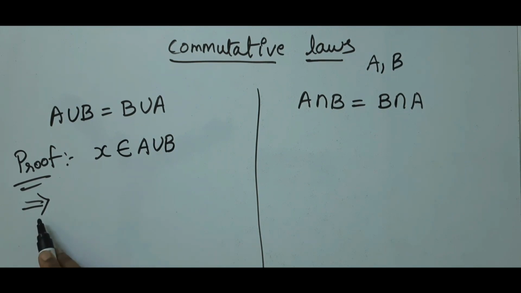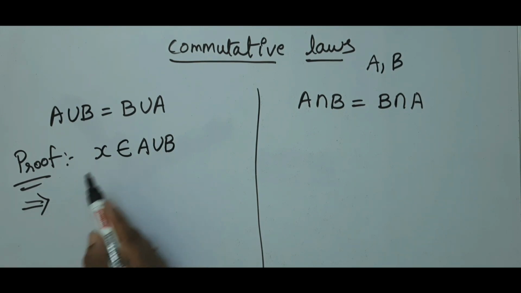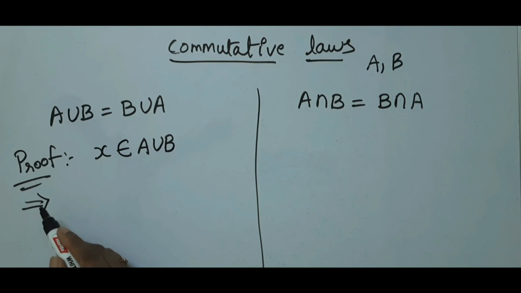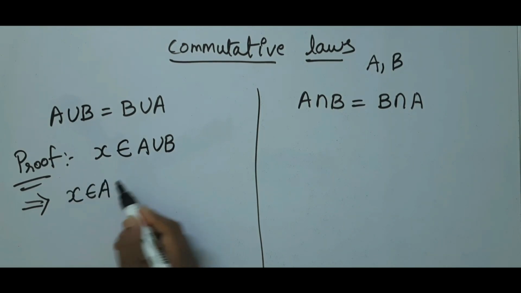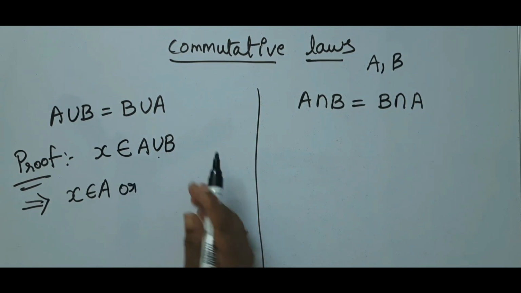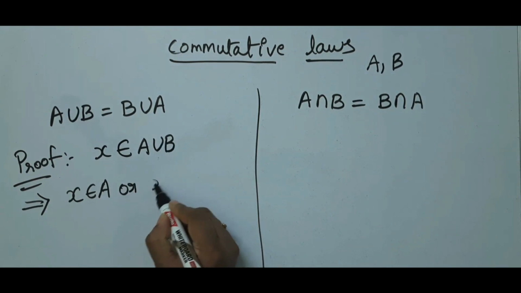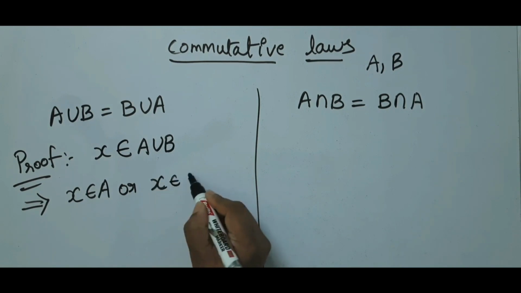Okay. We keep this implies that this statement can also be written as X belongs to A. As the union symbol is there, keep an OR symbol, or the word OR, and write down X belongs to B. Okay.